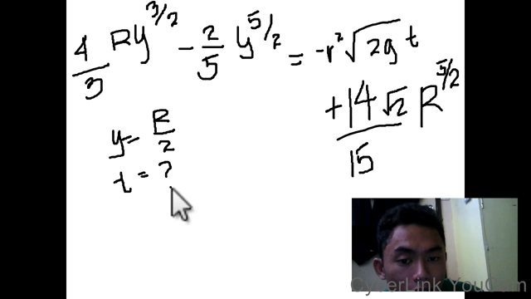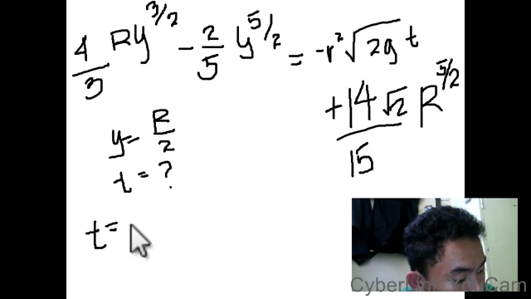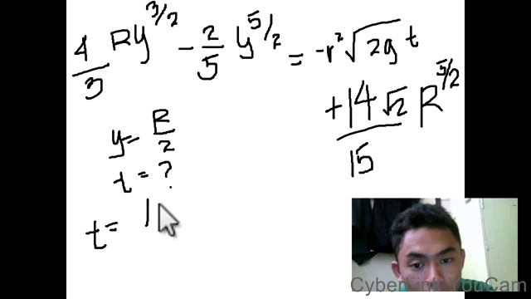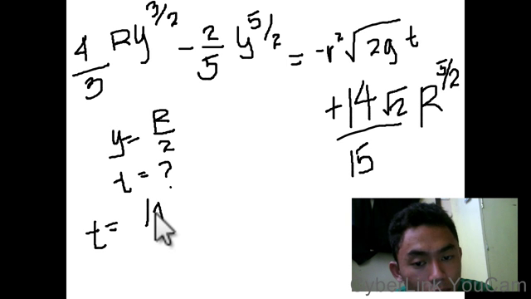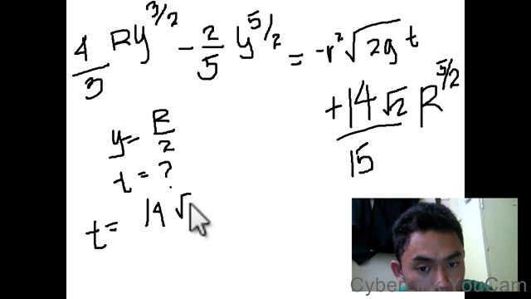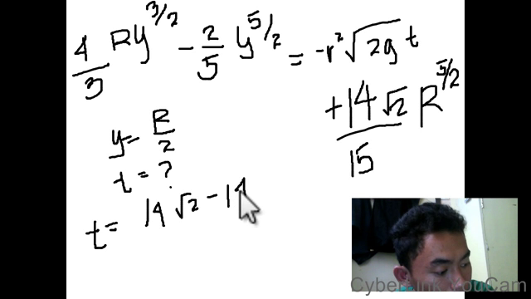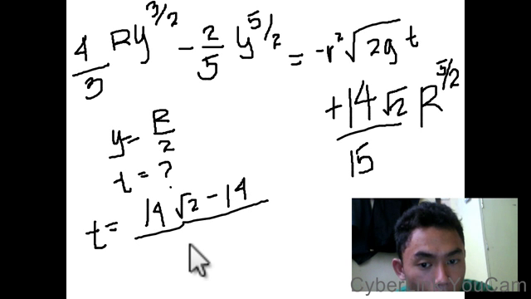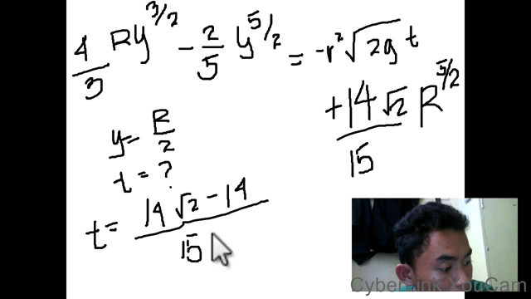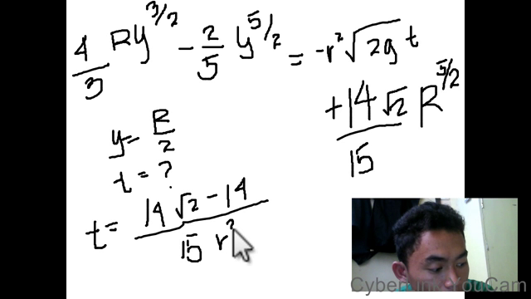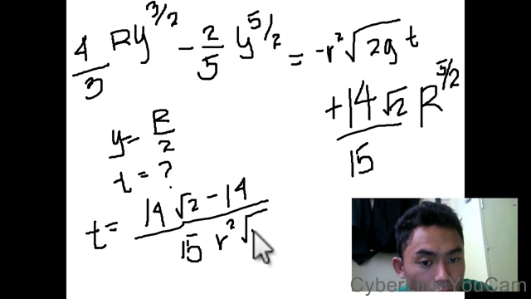After substituting, we get t equal to (14 square root of 2 minus 14)/(15 r² square root of 2g).